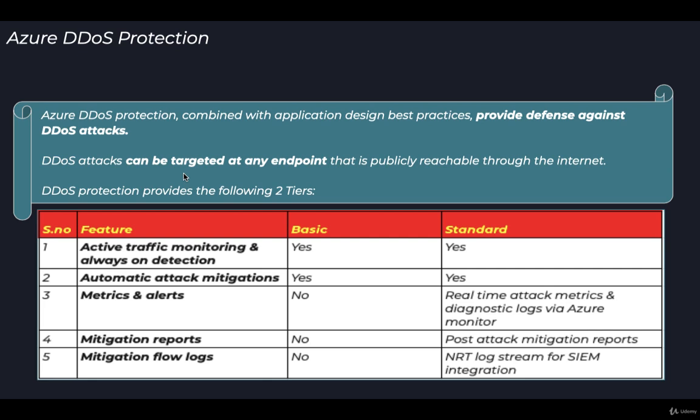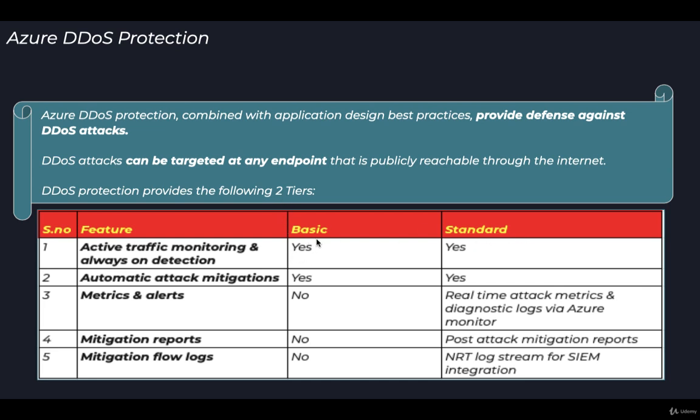DDoS attacks can also be targeted at an endpoint, like your storage endpoint or your SQL endpoint, which are publicly reachable through the internet. To protect your application or your endpoints, DDoS protection provides the following two tiers: one is basic and the other is standard.